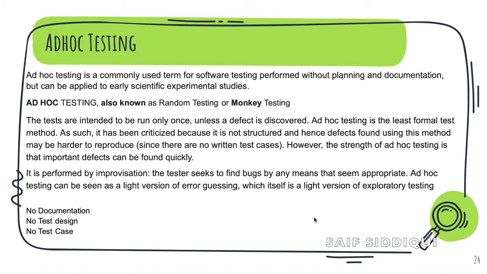Ad hoc testing can be seen as a light version of error guessing, which itself is a light version of exploratory testing. So basically, when we are doing ad hoc testing, though we don't have proper documentation and these kinds of things, we are trying to use our logical skills in order to find the bugs, maybe from our past experience or maybe from guessing that okay, this issue is a critical issue, maybe we will be able to find more issues in this particular place.